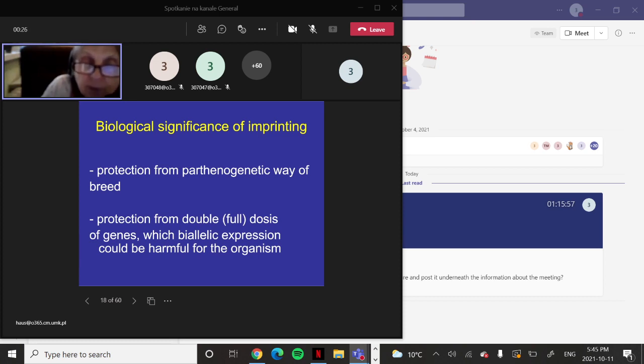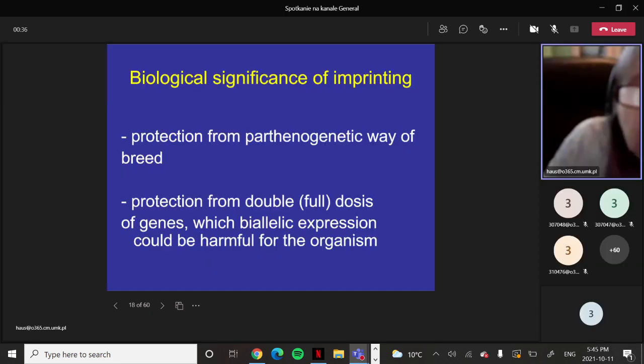Okay, only female generation. There are many organisms now, even now, which are parthenogenetic, yes, but in general, this way of breeding is not very practical.